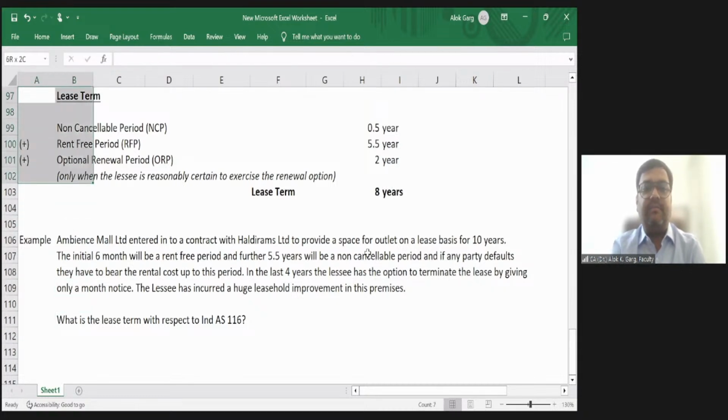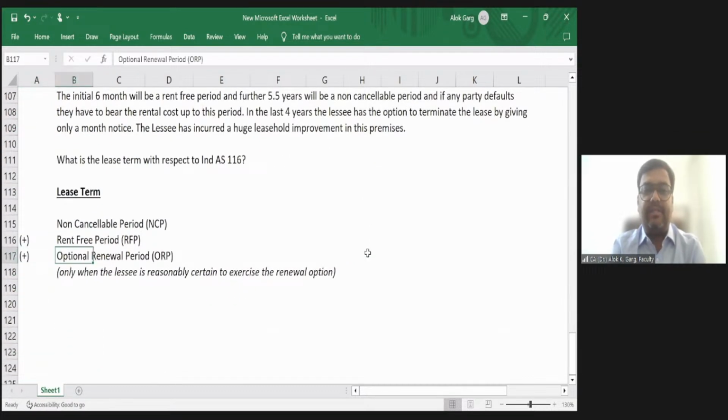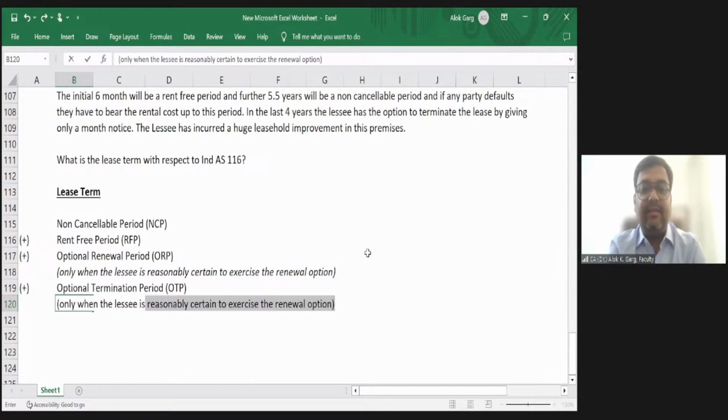Now the definition of lease term is non-cancelable period plus rent-free period plus optional renewal period plus optional termination period. Optional termination period, okay, only when the lessee is reasonably certain to not to exercise the termination option.